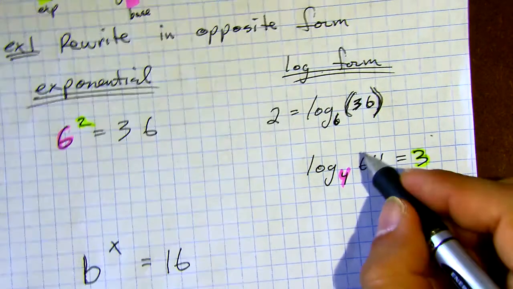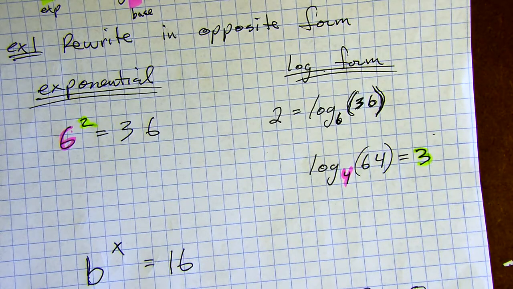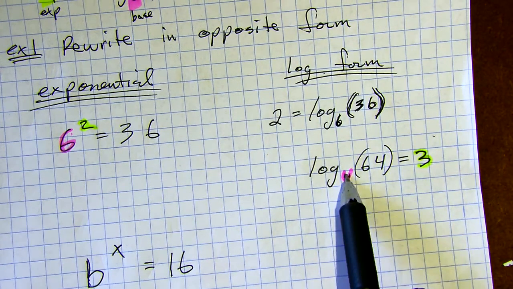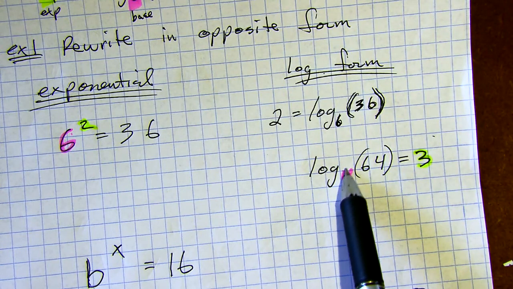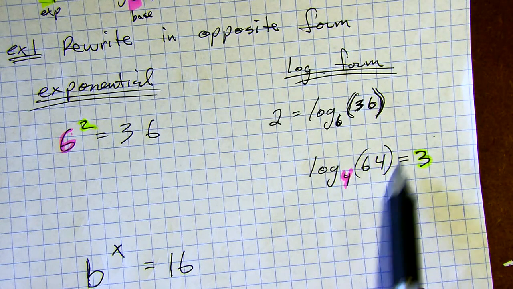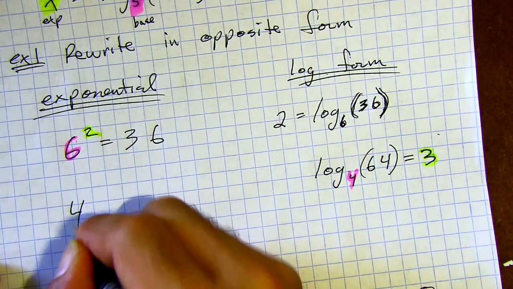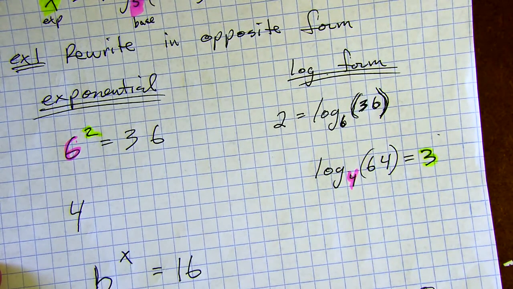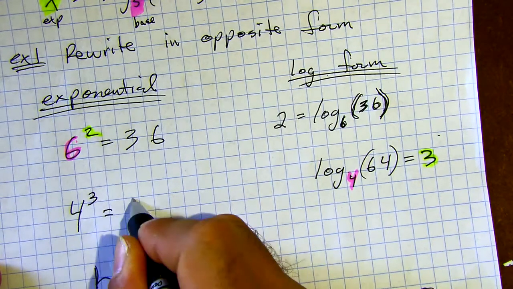The index is 64, so we can put it over here in the exponential form. First, I always look for the base, because with log form, the base is just this number here. Base 10 is standard, so next lesson we'll learn how to change this into a base 10. But base 4 means that it's 4 raised to what exponent? 3, good. And that's equal to 64.